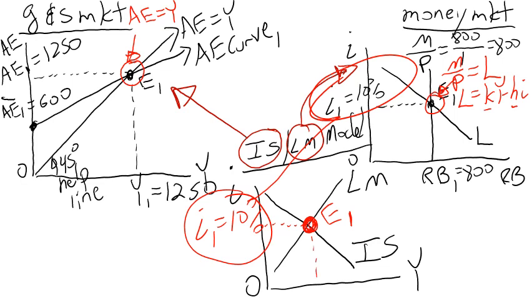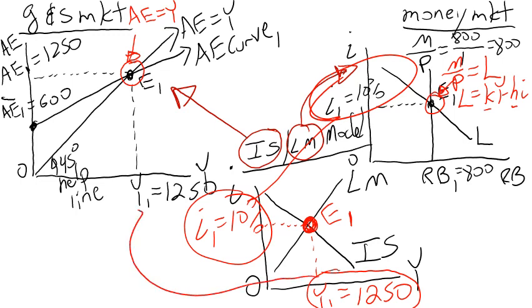The GDP level is 1,250. Where does this come from? It comes from here. And let's use a different color. All right. And what's true of equilibrium in the ISLM model?